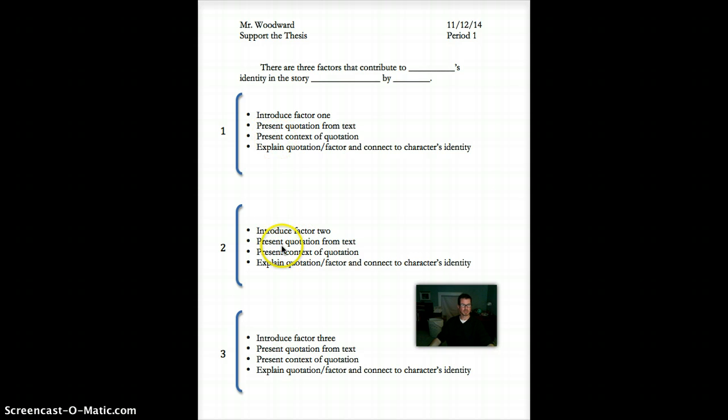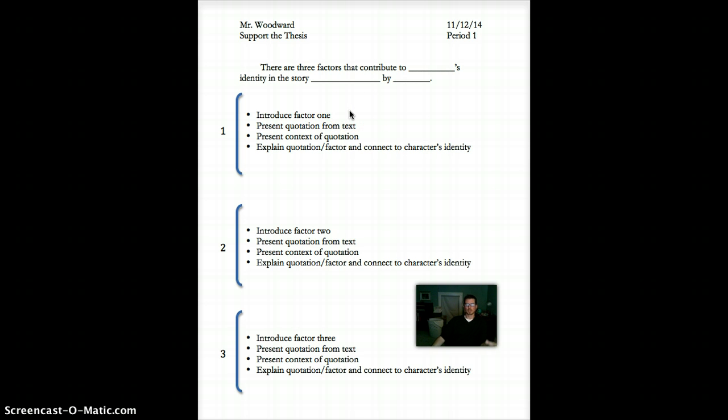So the job is essentially the same. The only thing that will change is what factor you're introducing and the quote, obviously, and so forth. So I'll just go through the bullet points for the first paragraph. It's the same for the next 2.